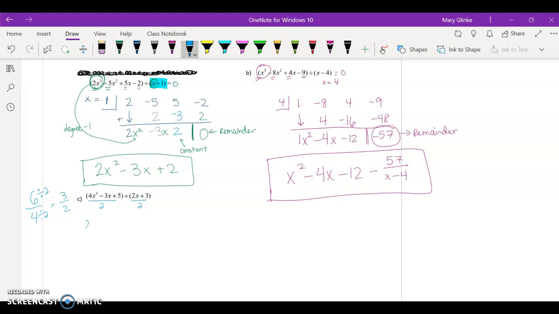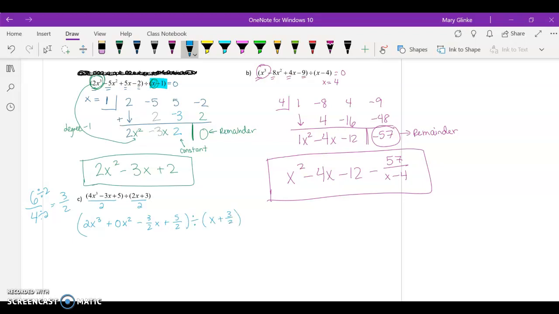So our first term becomes 2x cubed. Well, wait a second, we're missing our x squared term, so we do need to account for the x squared term. Minus 3/2 x plus 5/2. This is now being divided by x plus 3/2.